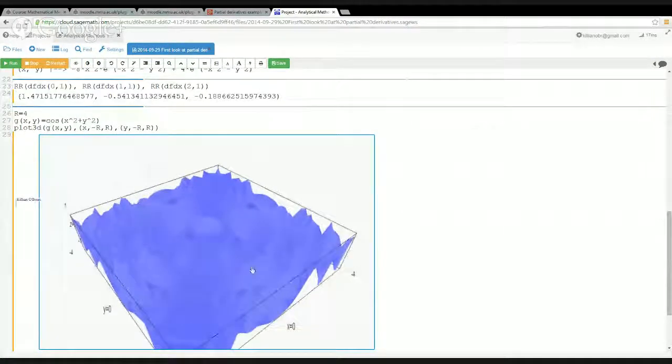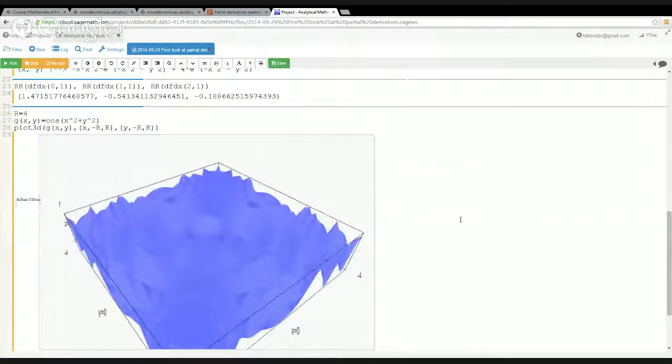Okay, so you can start to get, so I wasn't getting a good view of the surface, so I was zoomed out too much before.